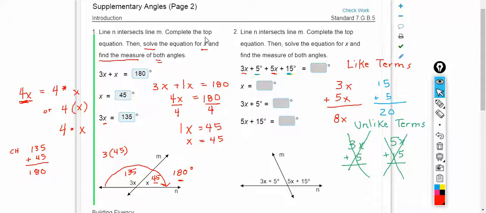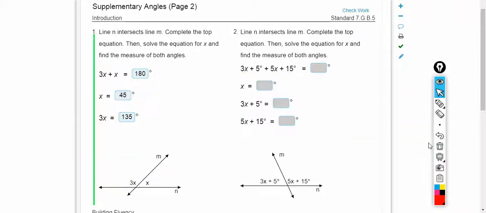Alright, so for the next one, make sure you draw this angle out in your notes.